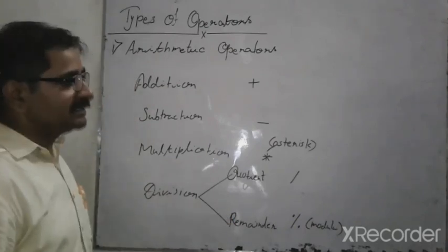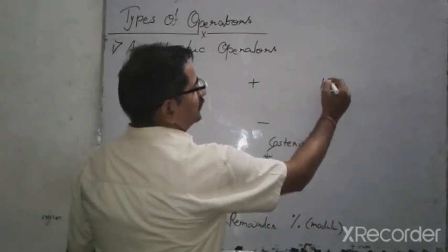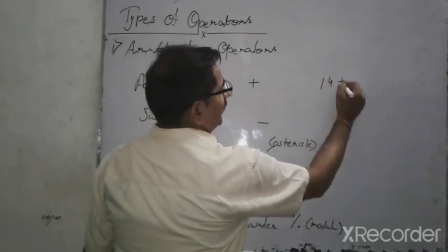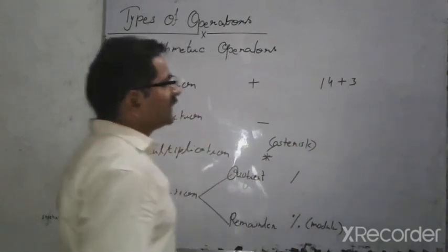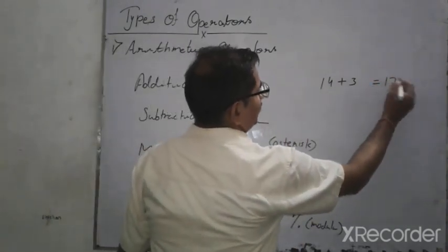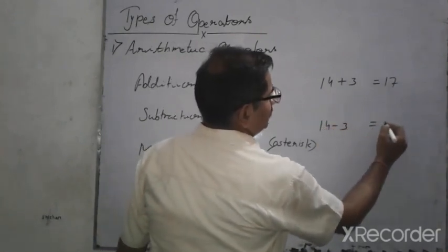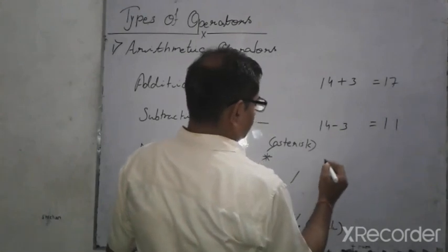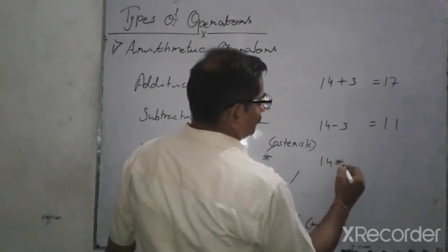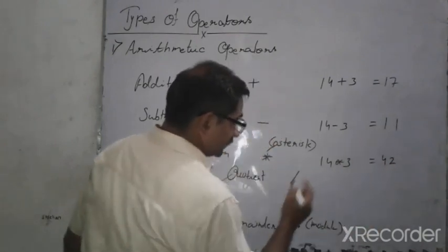Here we take a simple example. Assume you have 2 values, 14 and 3. When we write 14 plus 3 we get 17. 14 minus 3 is 11. 14 multiplied by 3 is 42.